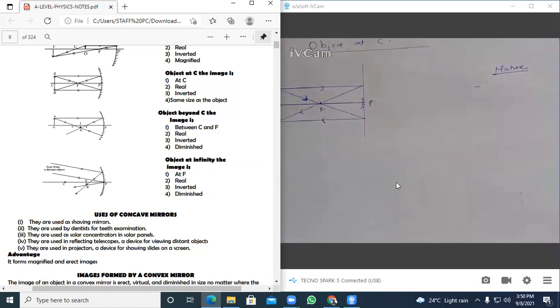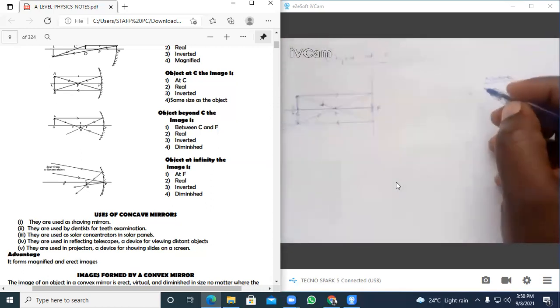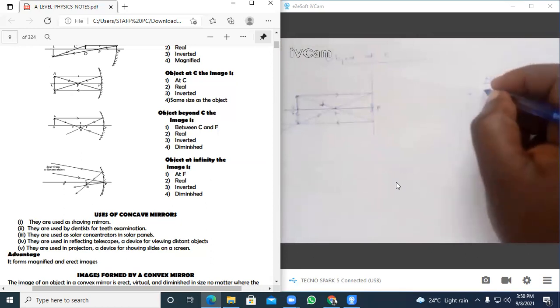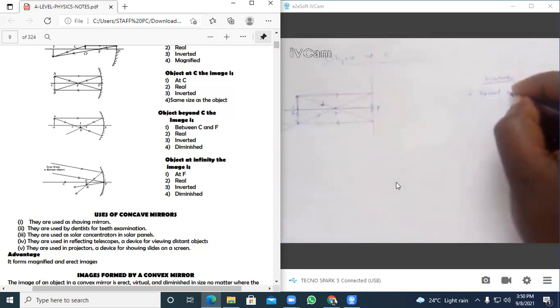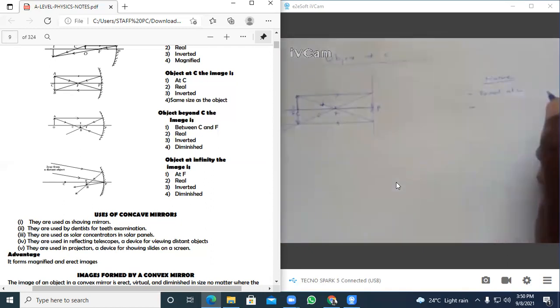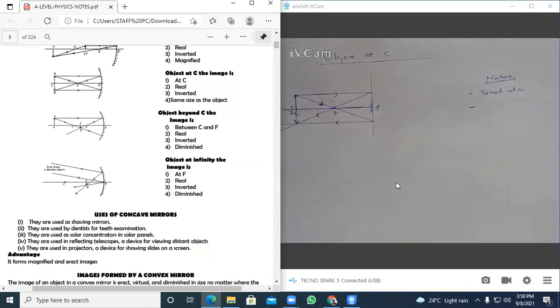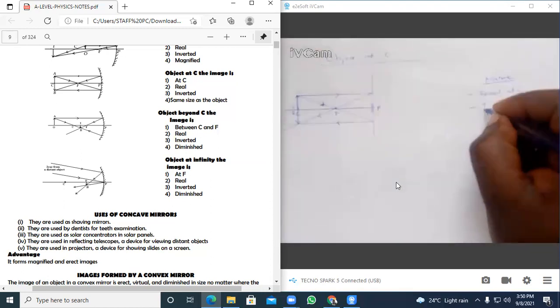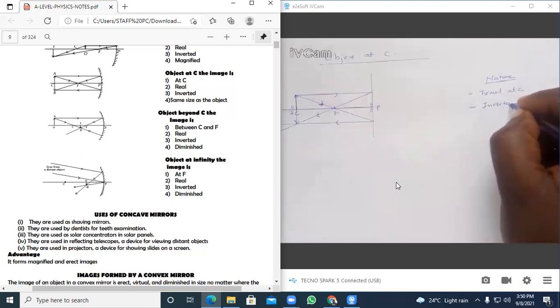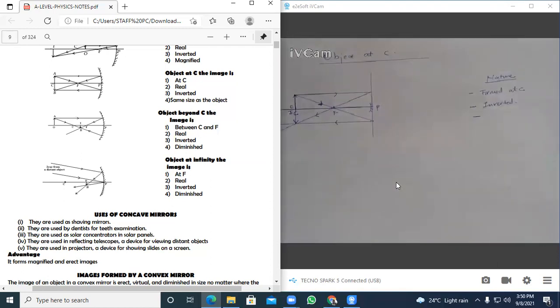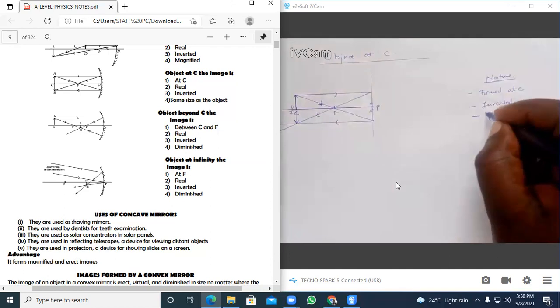The image is formed at C. Two, let's continue. It's inverted. Three. Now it's real. Finally, it's real.